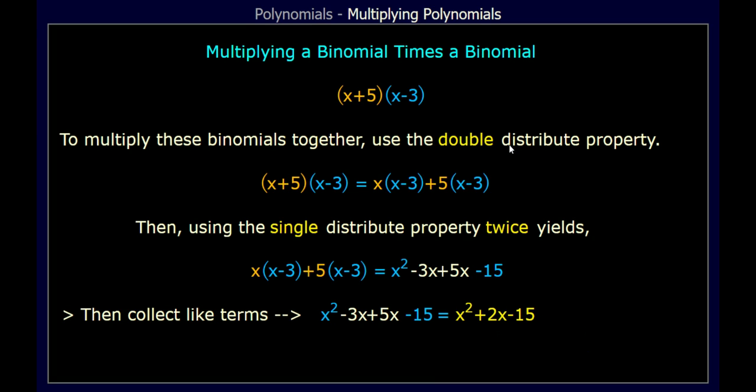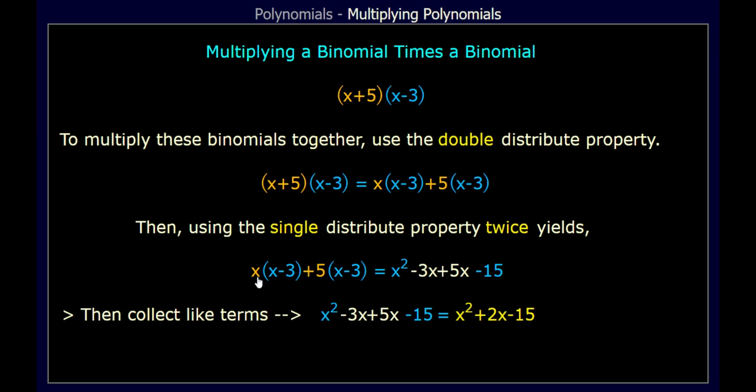All right, so we have a binomial times a binomial, and so we have two terms, right? x plus 5 is two terms, and x minus 3 is two terms. And then we use this so-called double distributive property, in which I kind of broke up the term on the left, the orange, and multiplied each part times the x minus 3.